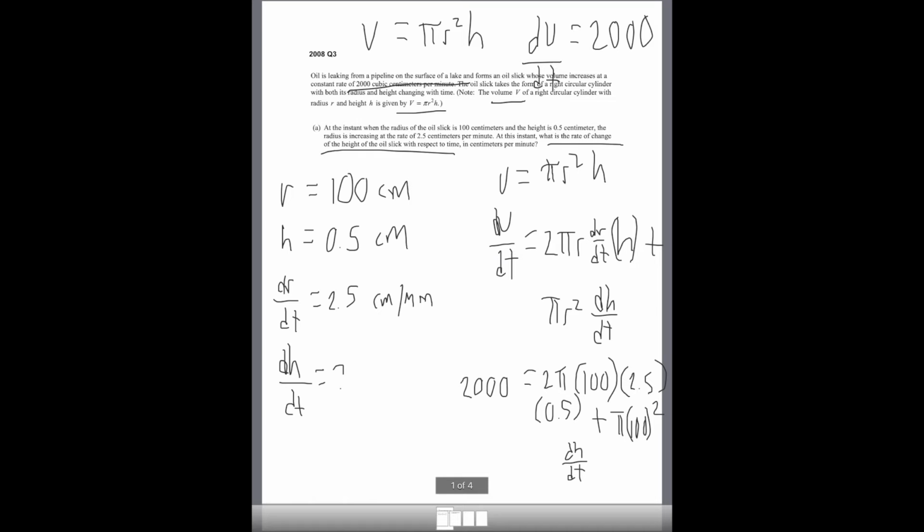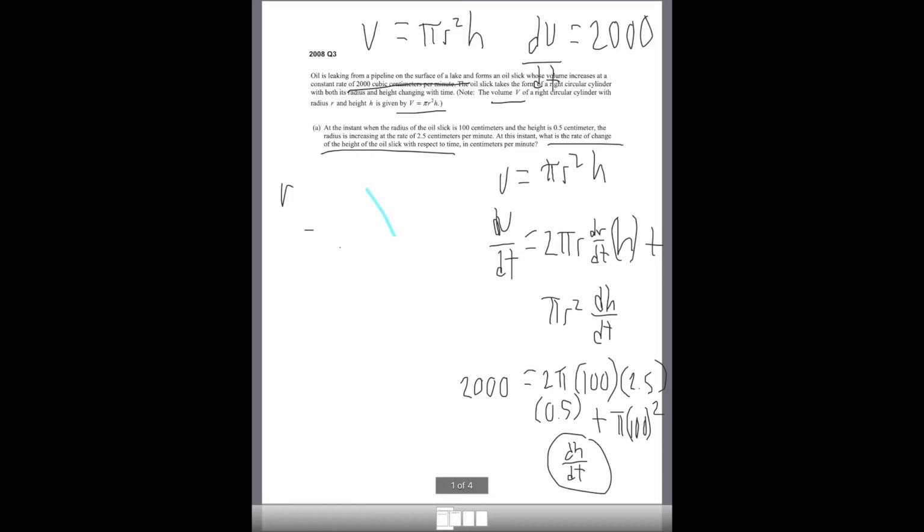So when you move everything over, remember, we're moving things over so that we're left with dh over dt. I'm gonna clear the givens just so it's clear as to what I'm doing. You're left with 2000. You have to subtract everything that's right here.